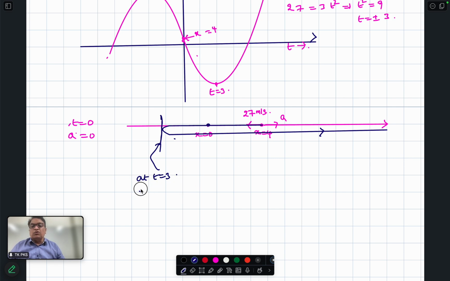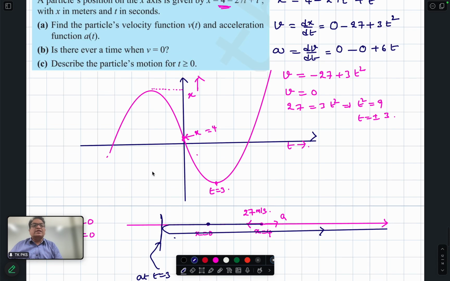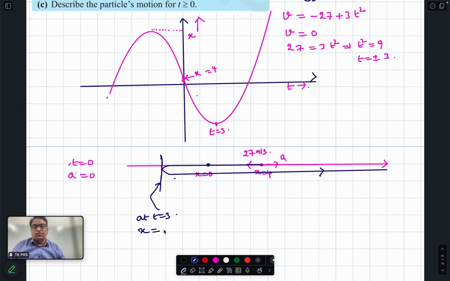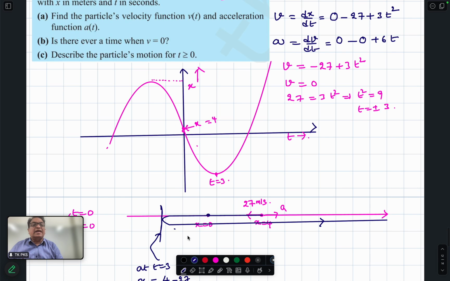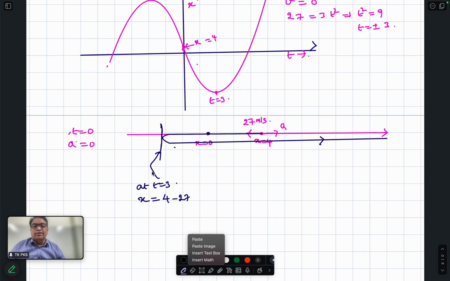At t is equal to 3, what is going to be the x? X, please help me. x is 4 minus 27t plus t cube. 4 minus 27 into 3 plus 27.